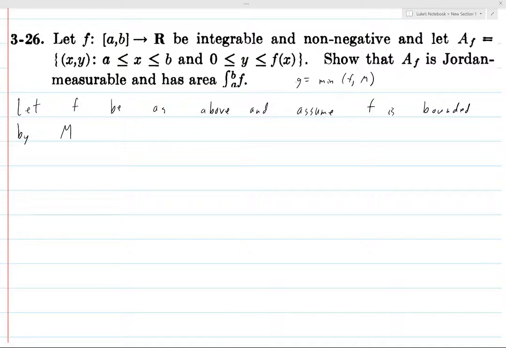We don't know what values it takes on that set of measure 0. It could be unbounded on that set of measure 0. And all the techniques that we know from the previous section only apply to bounded functions. So none of those techniques from the previous section should be able to apply to this problem, which was stated in the previous section. And so for that reason, I feel like this detail about functions being unbounded is something that seems to be chronically not addressed in the problem statements of this textbook.